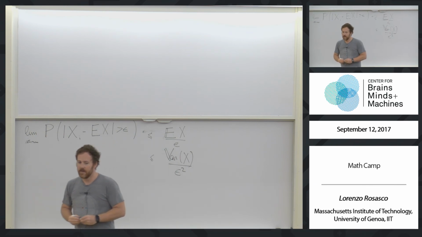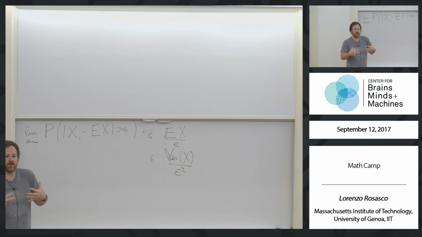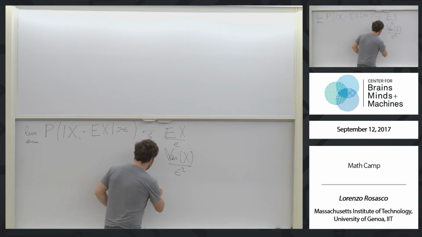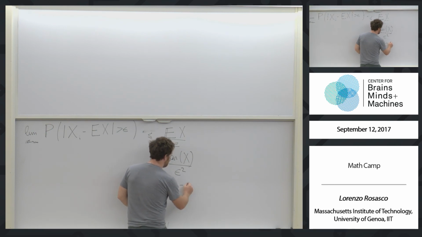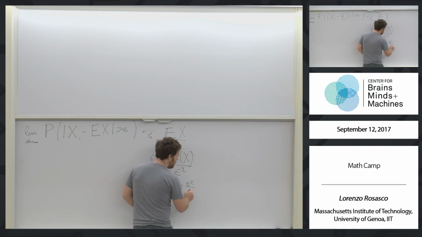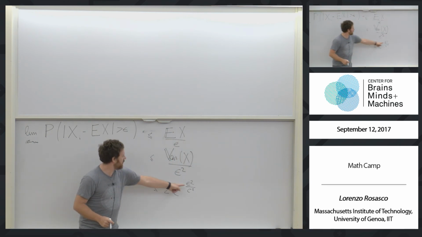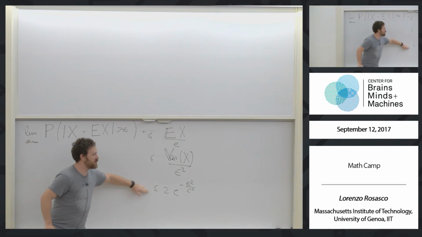The basic idea is that the stronger the assumption you make, the stronger the result you can derive. And then you can keep on going. If you know that the random variables are bounded by a constant c, you can get something like this, an exponential concentration. This is actually much nicer than this.